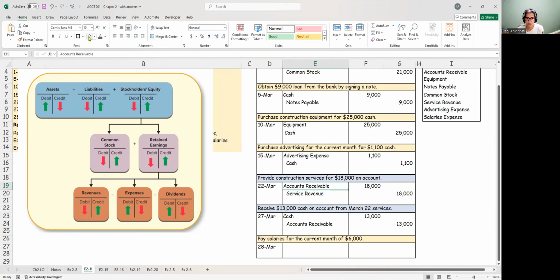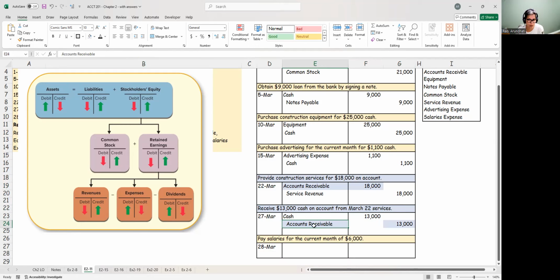So let's look at just this account, accounts receivable. We had 18,000 debit. After I do this journal entry, I'm left with 5,000 debit in that account, which means that customer owes me only $5,000. If I made a mistake and credited service revenue again, I'll be counting revenue a second time.